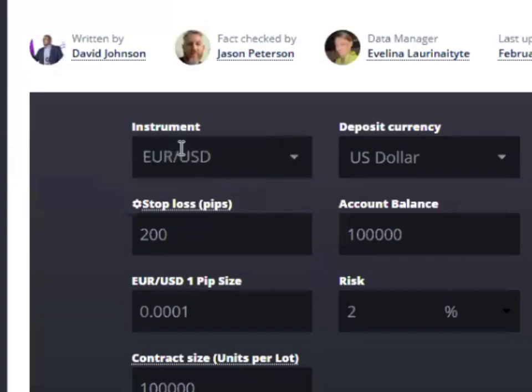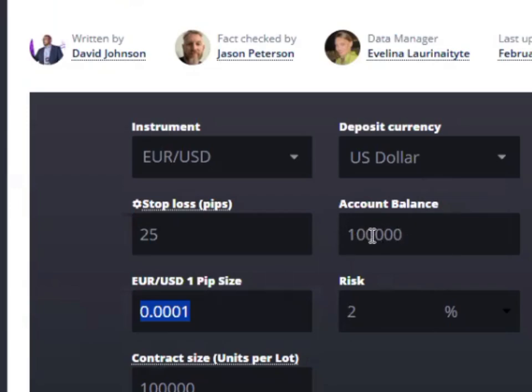So I've put the instrument, then your stop loss, how many pips? Let's say 200 pips depending on your account. So let's say you're putting 25, and this is the lowest lot size, 0.001.